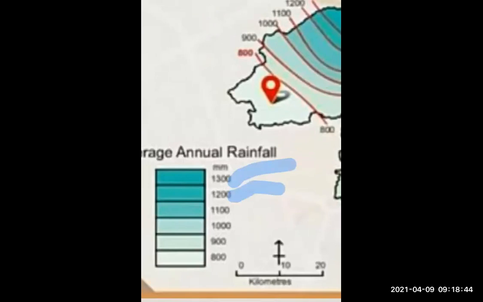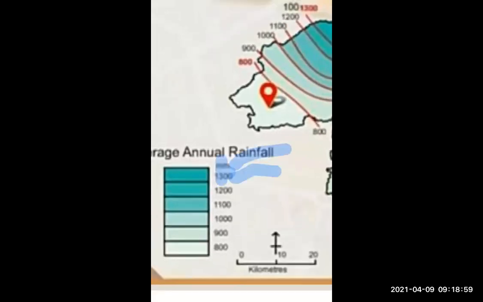So the difference between these two values is called the class interval. If you subtract 1200 from 1300, what is the difference? 100. If you subtract 1100 from 1200, what is the difference? 100. So 100 is the class interval.